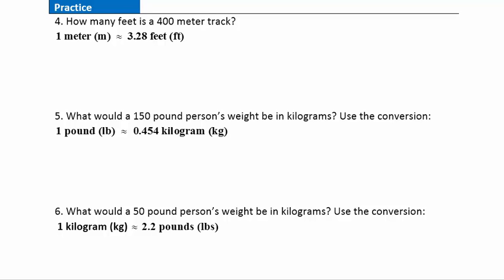Practice question 4. How many feet is a 400-meter track? What we're asked to do here is take meters and convert them back into feet. So 400 meters over 1. I want to make sure the meters are going to divide out, so I'm going to put those units down there, and feet up at the top, since that's what I'm converting into.